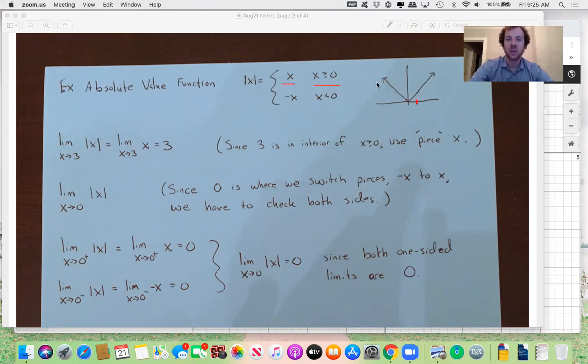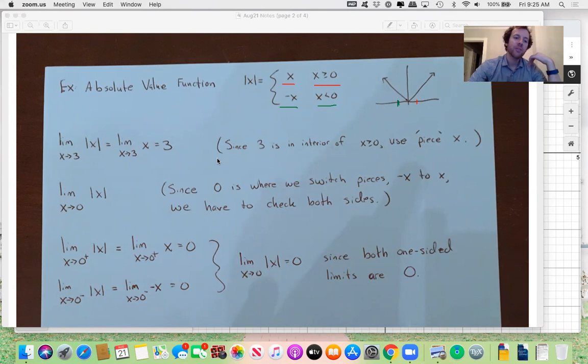But if you are to the left of it, you are less than 0, and you're using minus x. So which piece we use really depends on which side of 0 you're on.